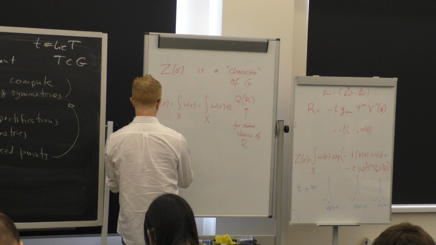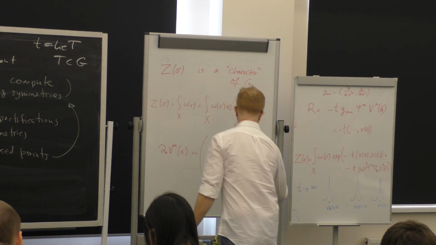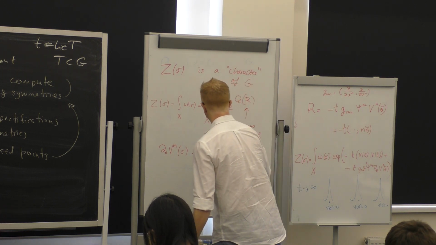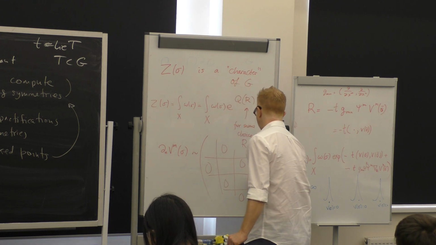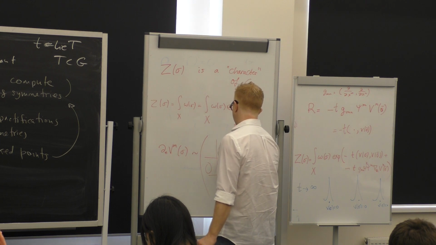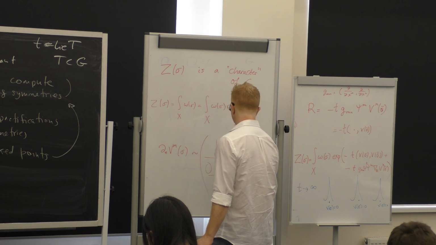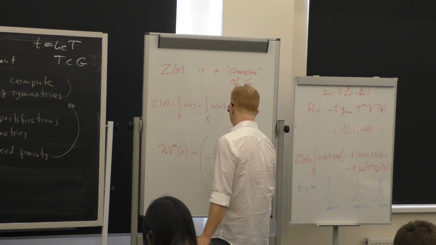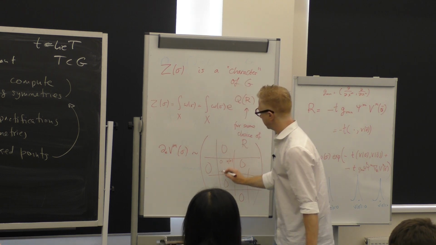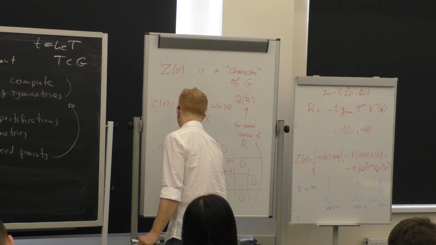So the matrix ∂_n V^m of sigma has a block diagonal form, with 0s, and each block has the form 0, w_i of sigma, minus w_i of sigma, 0. And i goes from 1 to dimension of X over 2.